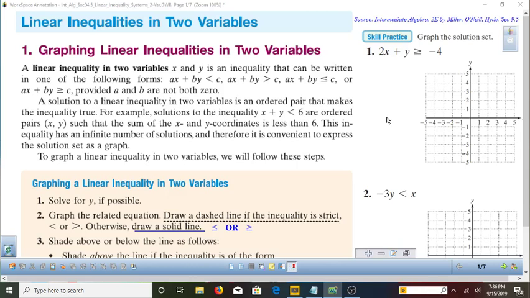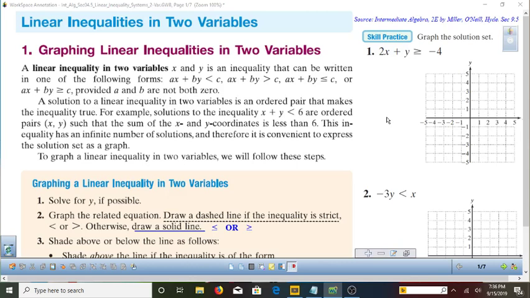Now, as the screen shows, a linear inequality in two variables, let's say x for the horizontal axis and y for the vertical axis, is an inequality that can be written in terms of less than or equal to, greater than or equal to. Technically not equal to is also an inequality, but we don't typically involve those.